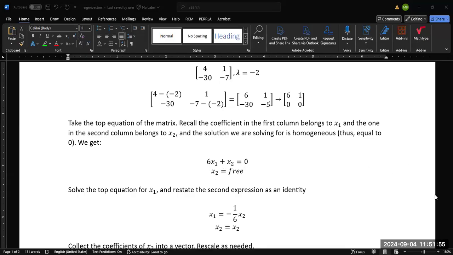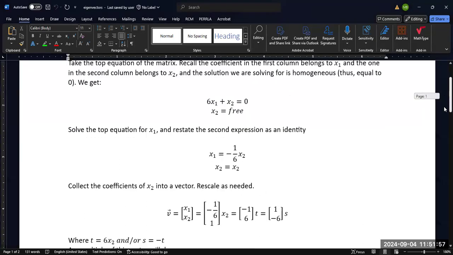And in order to proceed from here, what we'll do is solve for x1 in the first equation. So we move x2 over, and then we divide by 6, and that gets us negative 1/6 x2. And then our free variable expression gets restated for our new system as x2 equals itself.